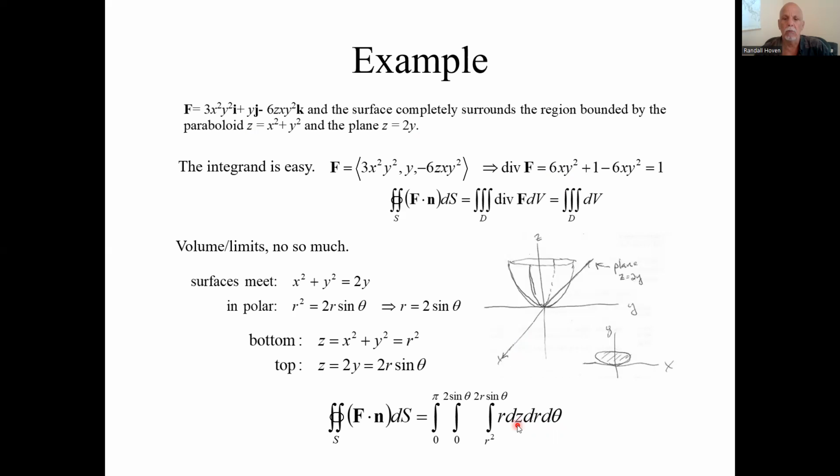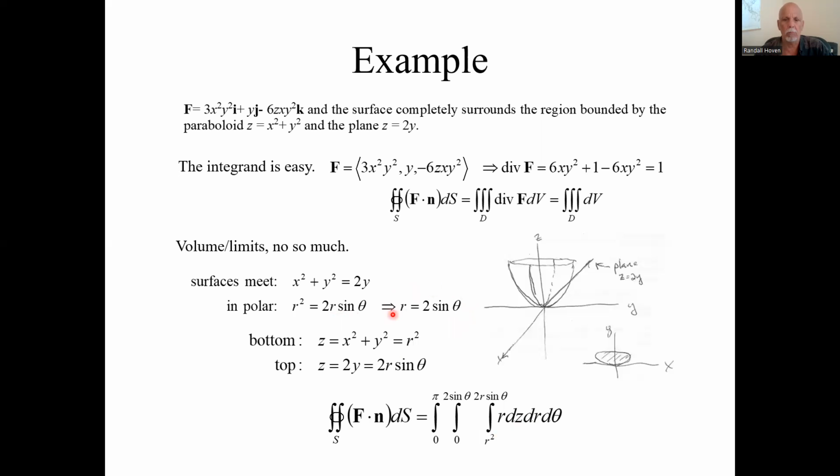If I do z first, I'm integrating from the paraboloid, which means z equals r squared, up to the plane, where z equals 2r sine theta. So those are the limits of the inner integral. I'm going to integrate over z first.